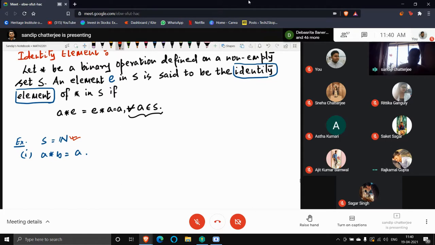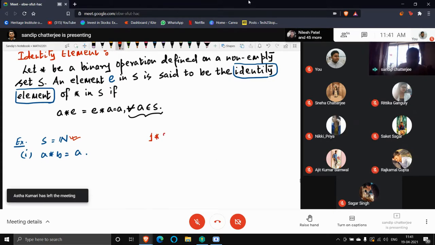One. Okay. So if one is the identity element, as per the definition, what should happen? If I operate any other element with one, both pre-operating and post-operating, I should get back that element, right? Yes, sir. Tell me any other natural number. Two. Okay, very good.